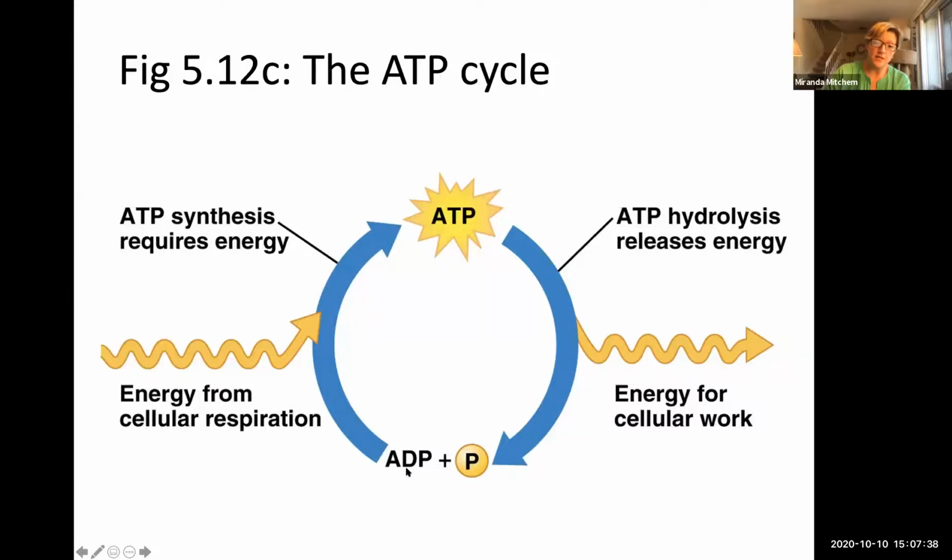If we complete the cycle and add on a phosphate group to adenosine diphosphate, that would be phosphorylation. Now we have completed the cycle through the formation of ATP. But to create ATP, we need energy. To break ATP, we release energy.